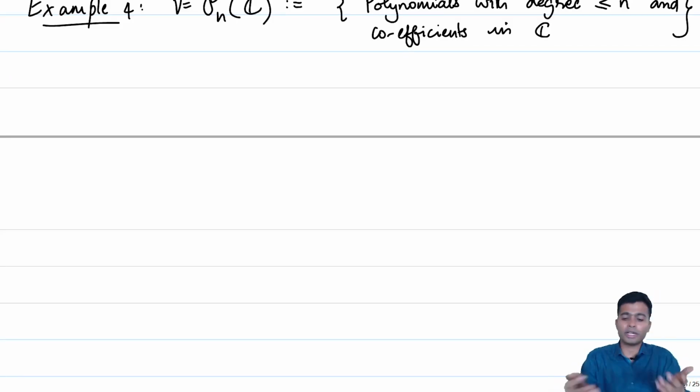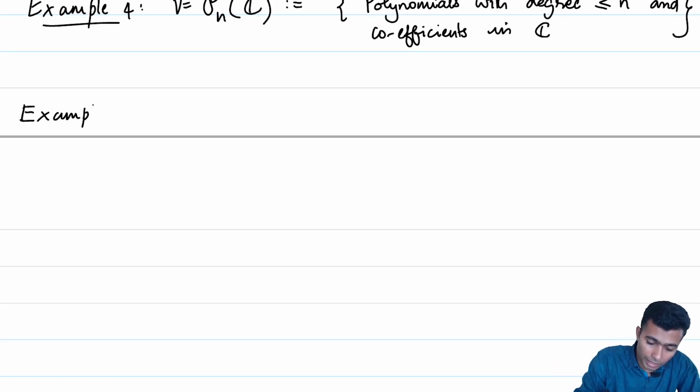Before going into the next example, what is the addition here? The addition is just the usual addition in P_n(R). Just in this case, we are adding complex coefficients rather than real coefficients. Similarly, scalar multiplication is defined just like in P_n(R). However, now we are multiplying a scalar which is a complex number to each of the coefficients.